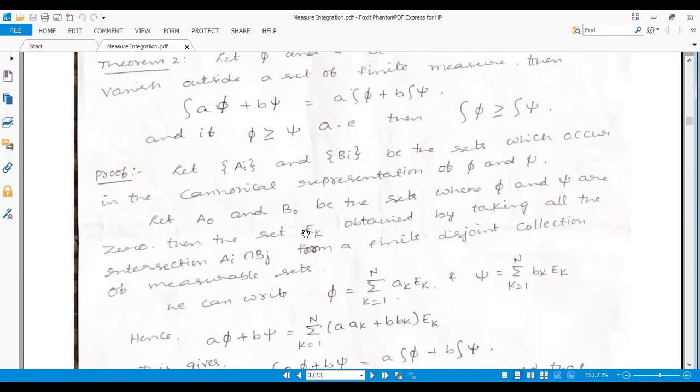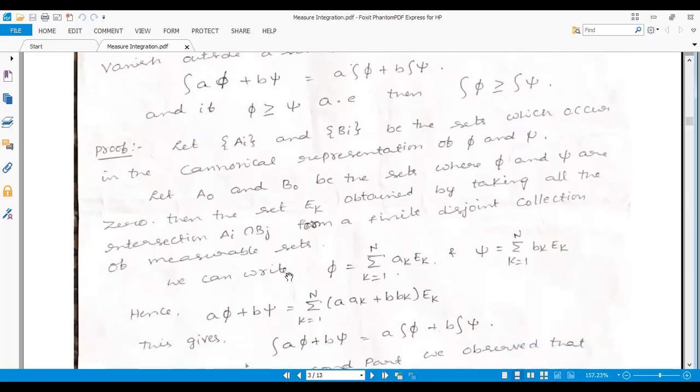Then the sets Ek obtained by taking all the intersections Ai intersection Bj form a finest disjoint collection of measurable sets.